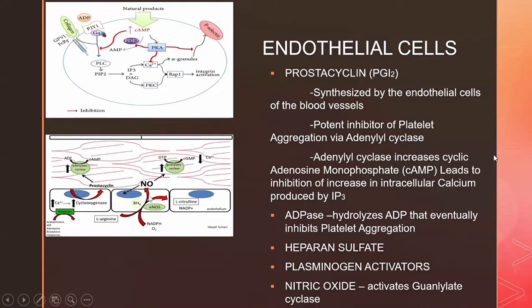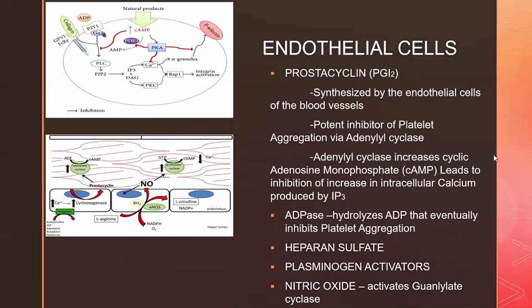So nitric oxide released from your endothelial cells would activate your guanylate cyclase. Your guanosine triphosphate would become cyclic guanosine monophosphate that would lead to a decrease in calcium. That is the function of your nitric oxide.